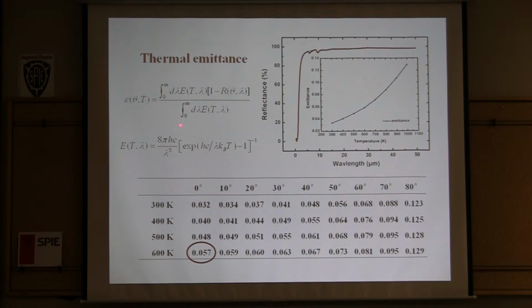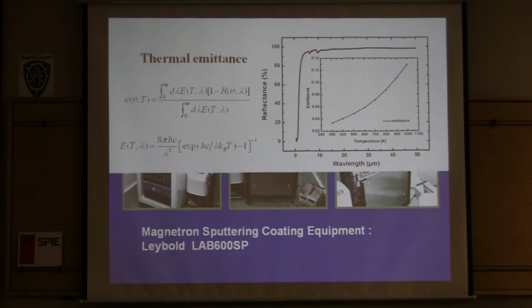We calculated for different incident angles. Then with temperature change, even at a very hot temperature, 600 Kelvin, at 0 degree incidence you can see very low thermal emittance. So that satisfies the idea of an ideal solar to heat conversion device. Then it gradually increases as the incident angle is increased.